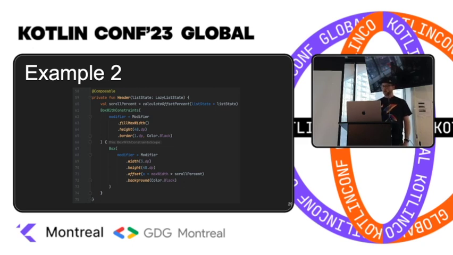So the code is very similar. We have a scroll percentage that is calculated for the offset of the bar. We have a box with constraints that represents the outer outline box, and the inner box is the scroll bar that moves.